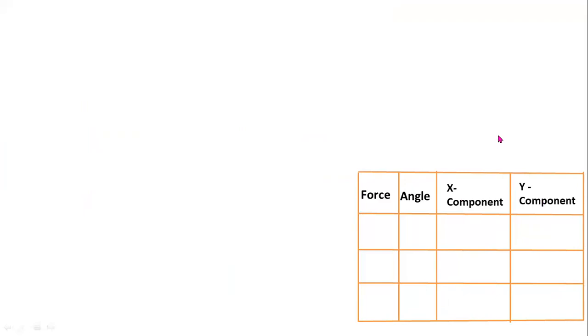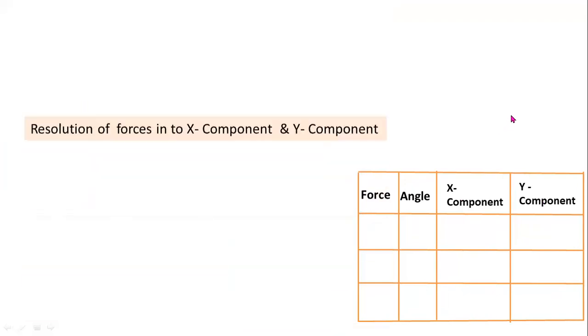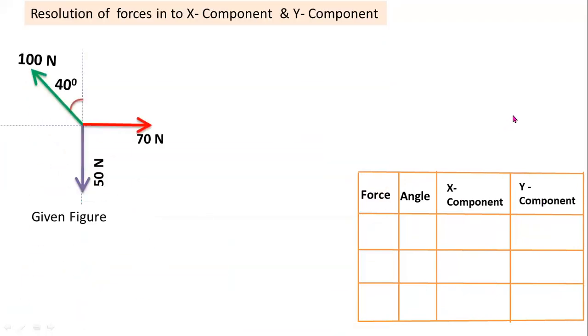Now coming to another example. This is the second problem. Here also I am considering three forces. Here I want to convert this 100 newton force into horizontal and vertical components.